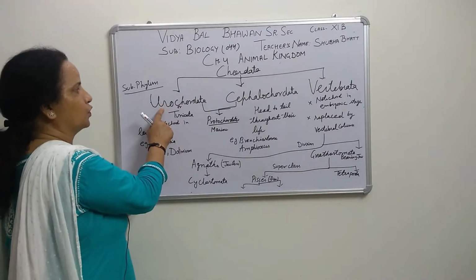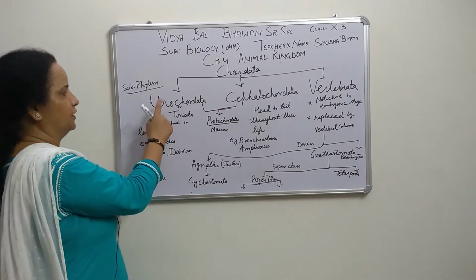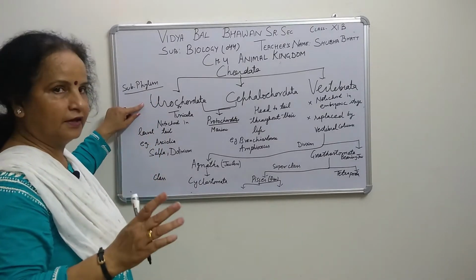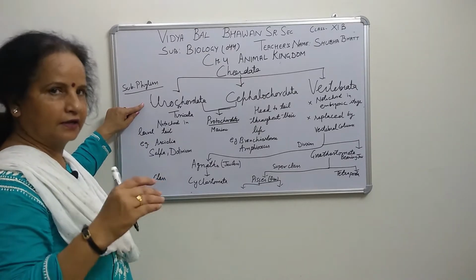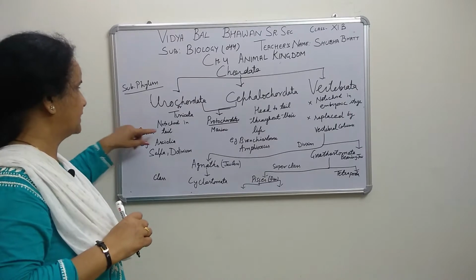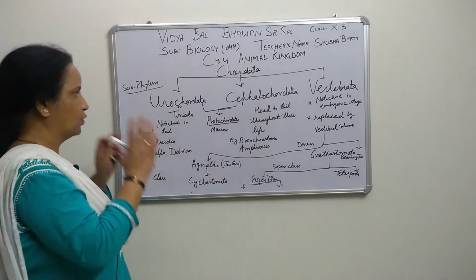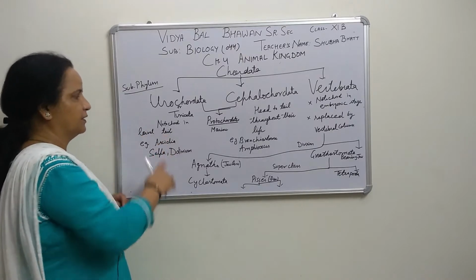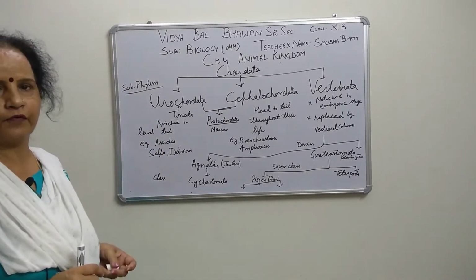In Urochordata, the notochord is present in the larval tail, because there is a larval stage. It means incomplete, indirect development is there, and the notochord is present only in the larval tail, that is, in the larva of this group of organisms.